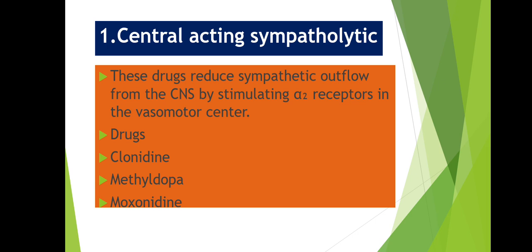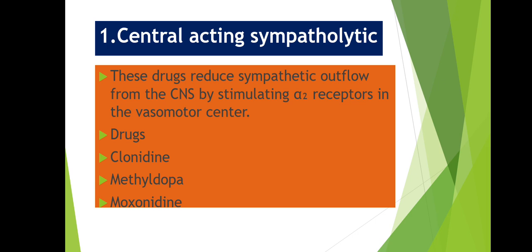So once these drugs bind to A2 receptors in the brain stem specifically, because that's where the vasomotor centers are located, they are going to reduce the blood pressure. This is basically the mechanism of action of this particular medication.